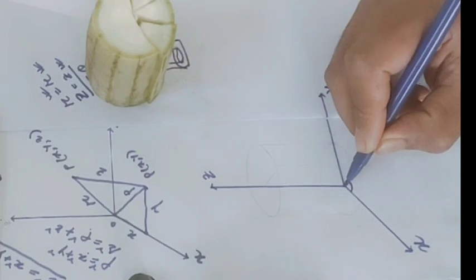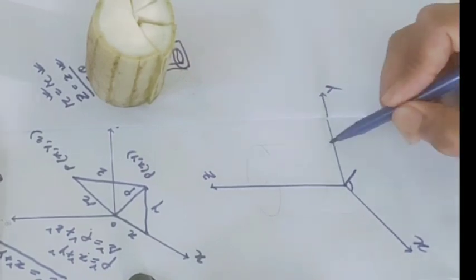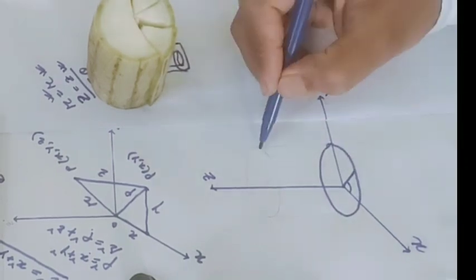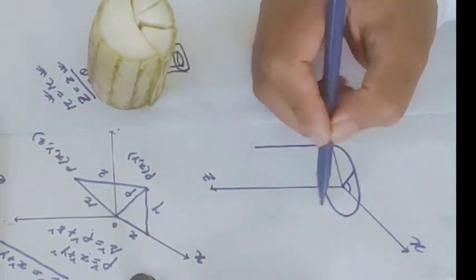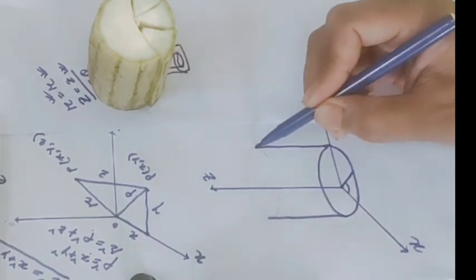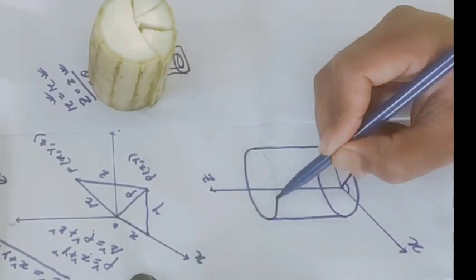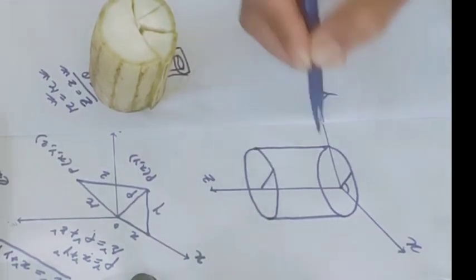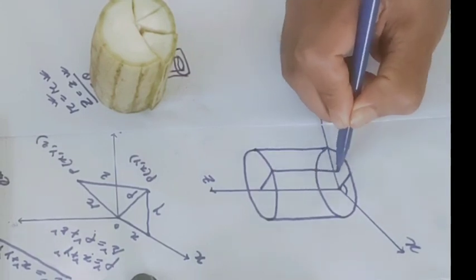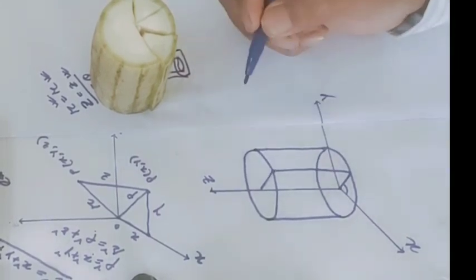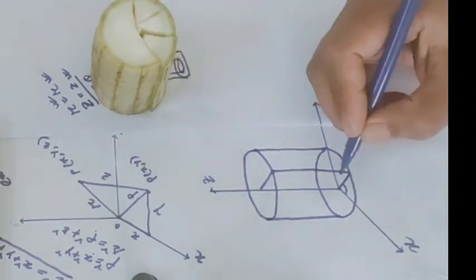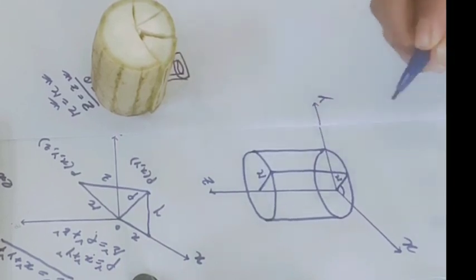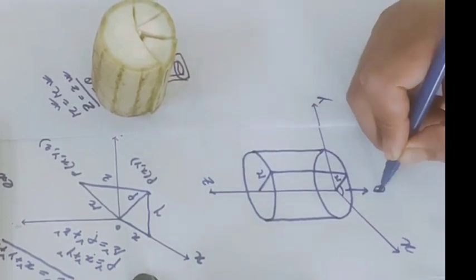is my this angle. Suppose I draw the whole cylinder here now. This is my cylinder. Whatever I am considering, you can consider a hollow cylinder as well as a solid cylinder, it doesn't matter. So this side and this side are parallel. You draw a projection or perpendicular from this point. In that case, from the center this is r radius, this is also r, then automatically this will be theta.